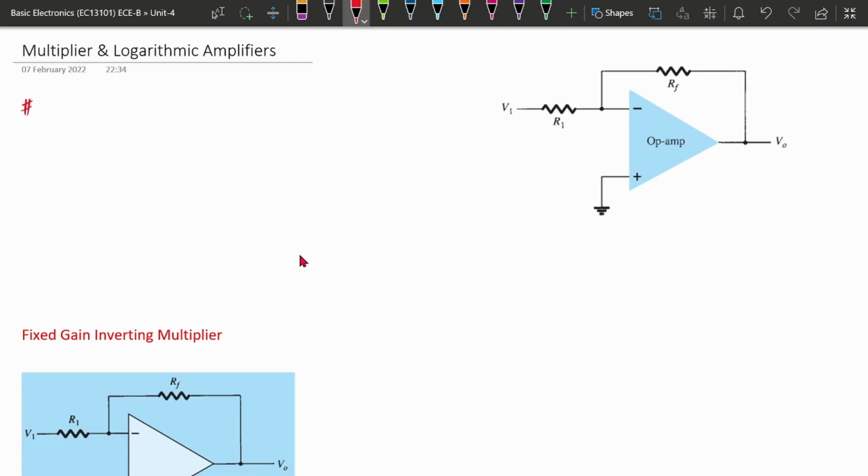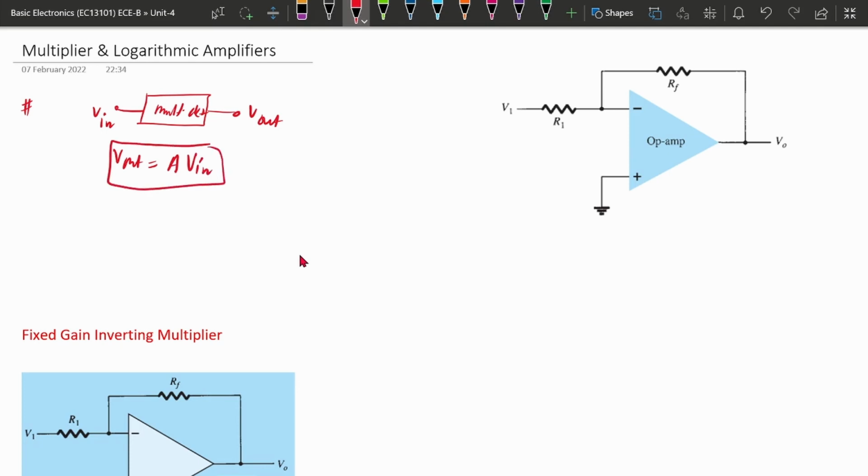A multiplier circuit is one where we have an input and we get some output. Here we provide an input and we get an output, such that V output has a constant multiplied by the input.